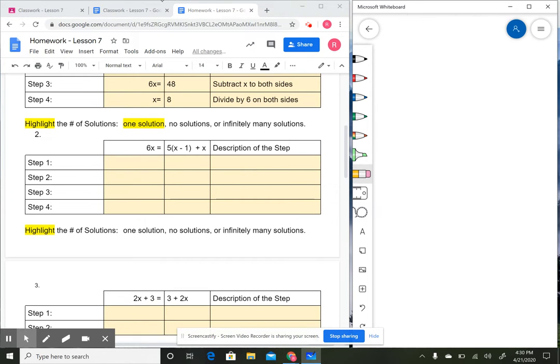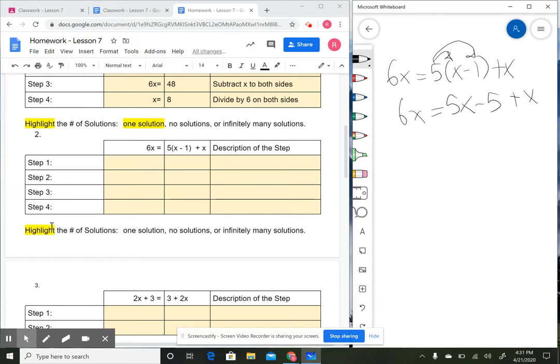So 6 is equal to 5 times x minus 1 plus x. So 6 is equal to 5x minus 5 plus x. I'm doing the distributive property: 5 times x, 5x; 5 times negative 1, negative 5; plus x.